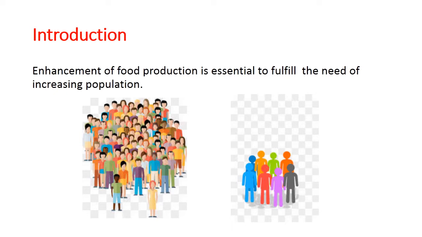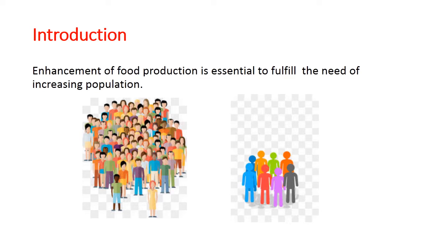But when the number of people in the population keeps increasing, their basic needs obviously increase because more people will be present. So in order to fulfill their basic needs, food needs to be produced in more quantity.